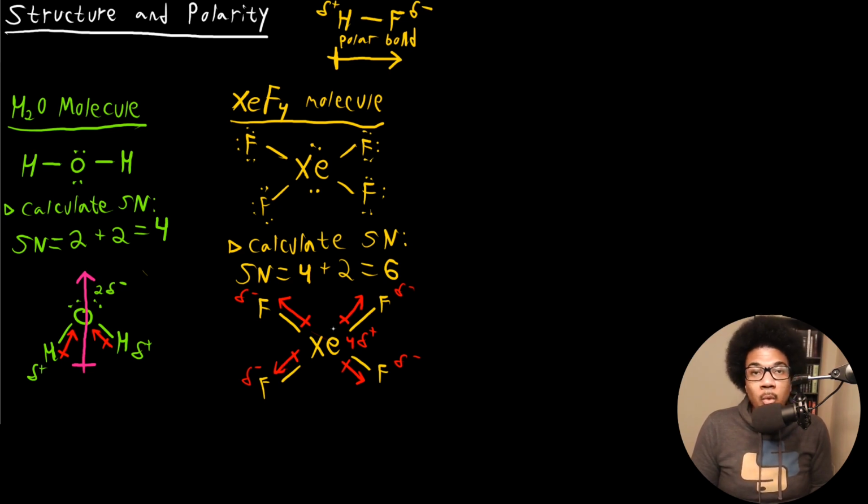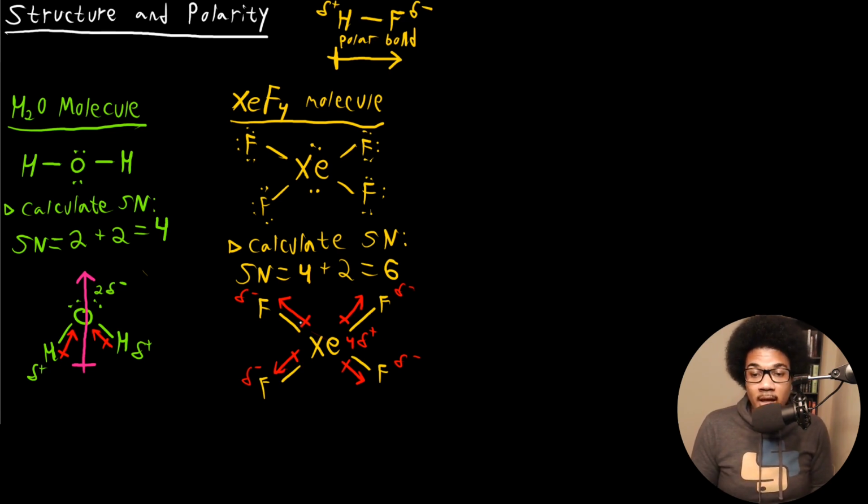So we actually won't have an overall molecular dipole here for xenon tetrafluoride because all of these dipoles are going to cancel out. And that is a direct consequence of the shape of this molecule. Since it's square pyramidal, these dipoles are pointing in the exact opposite direction of one another.